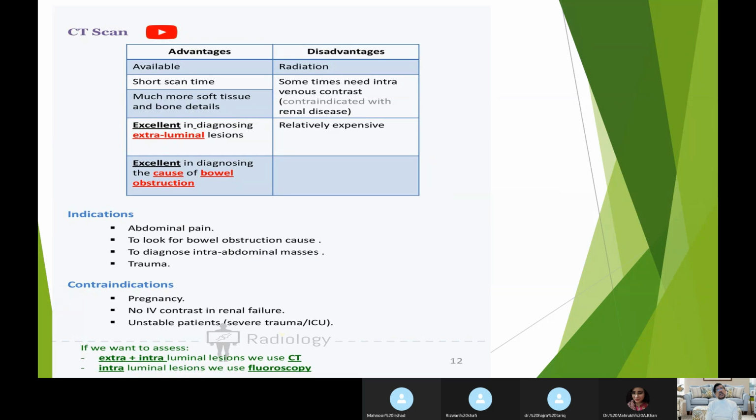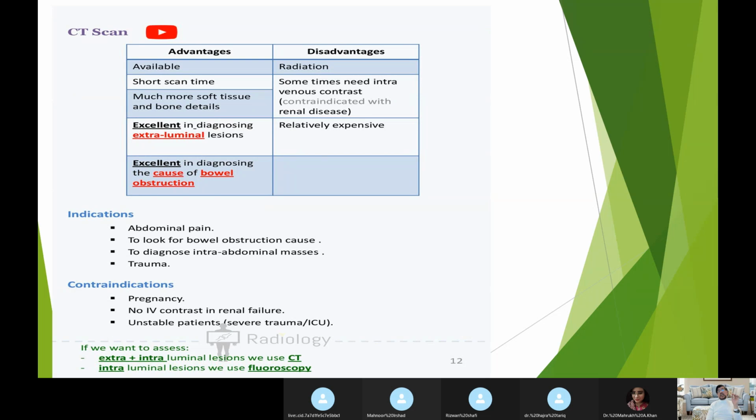Now the CT scan has certain advantages and disadvantages. One advantage is it's a short time. You just go, get an X-ray done, and you come out. It takes you hardly about 15 to 20 minutes to get the CT scan. Whereas the MRI takes about an hour, and functional MRI usually takes a couple of hours because there is a process and procedure which takes time.